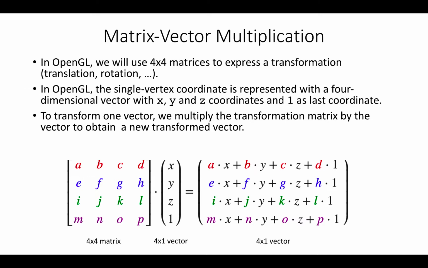Well, it just so happens that there are lots of interesting 2D and 3D transformations we can place inside the matrix. Multiplying that matrix with our vector basically transforms our vector. In OpenGL, we use 4x4 matrices to express a whole bunch of transformations like translation, rotation, and stretching of an object.